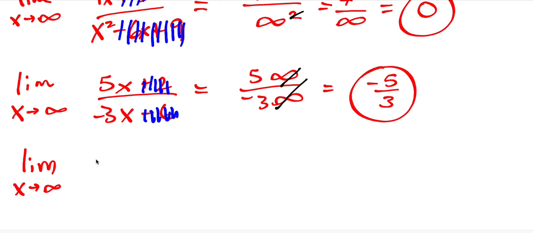If there wasn't a horizontal asymptote, would your final answer just be infinity or negative infinity then? Yes.